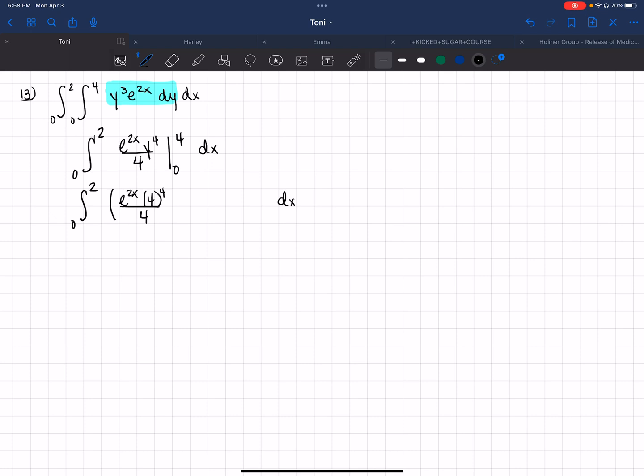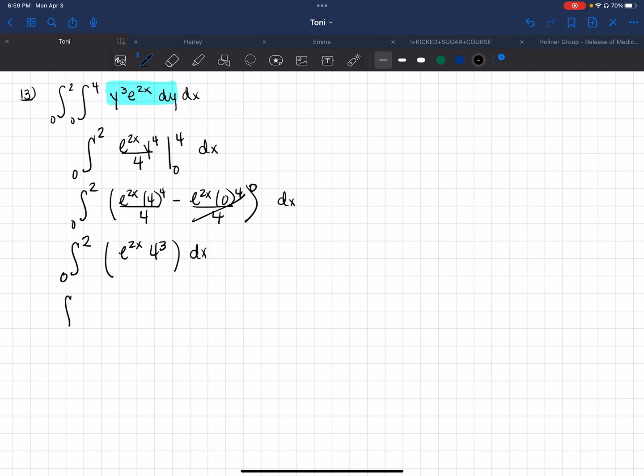Now let's plug in the 0, minus e to the 2x, 0 to the 4th, all over 4. That gives me the integral from 0 to 2. Well, this becomes e to the 2x. There's four 4's up here and one down here, so that's just going to be 4 cubed. This 0 makes that chunk right there 0 out.